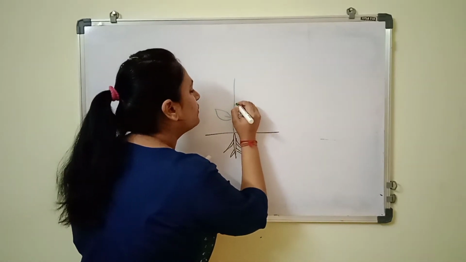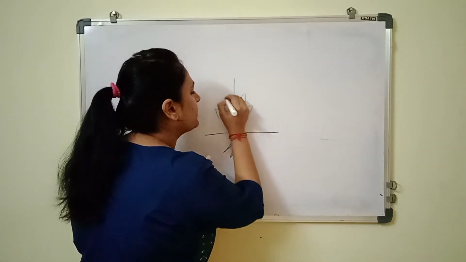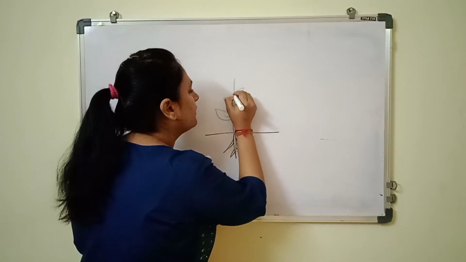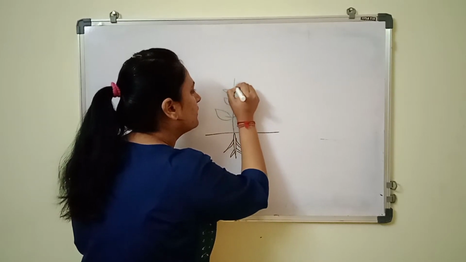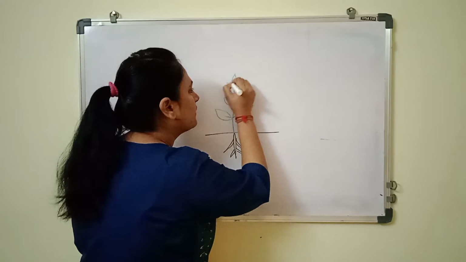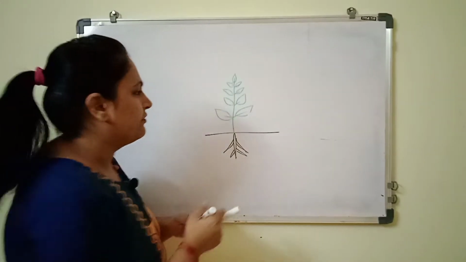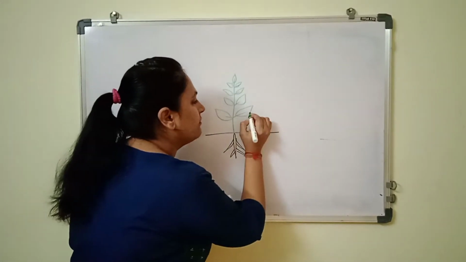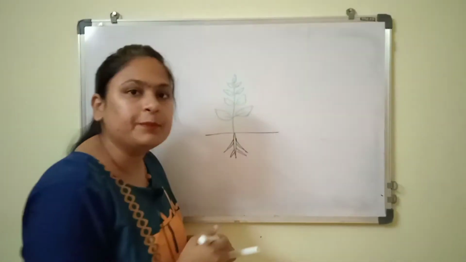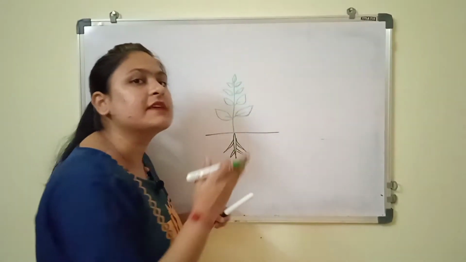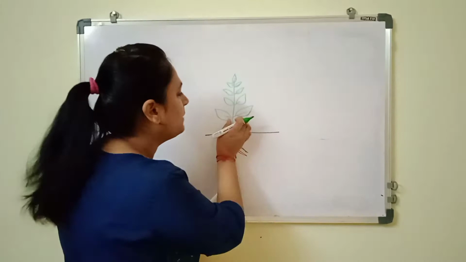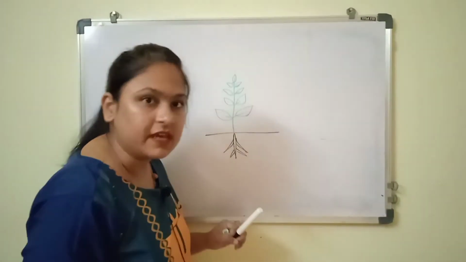We are going to study about leaves, so we are only interested in the leaf. The leaf is the part which develops laterally from the stem.